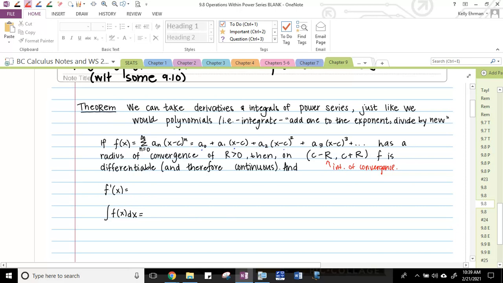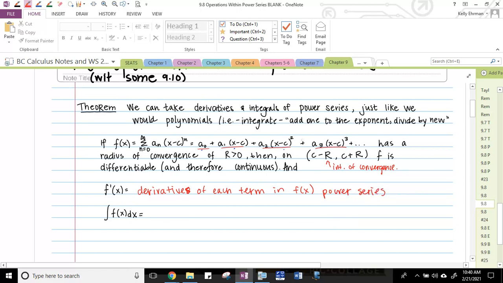And also, f prime x would be equal to, but you know what, instead of writing this out, because I think that's going to be more complicated, I'd rather say this in words. My PDF key has me taking derivatives of each of these terms, but I'm just going to say f prime x would equal derivatives of each term in the f of x power series.